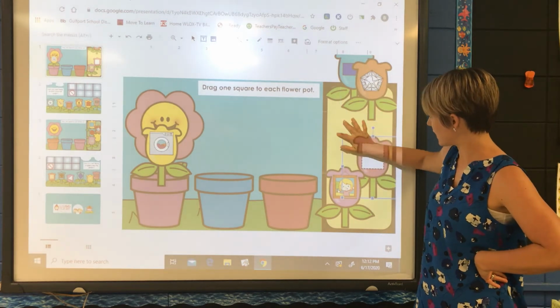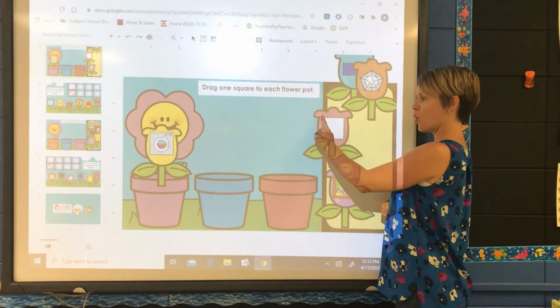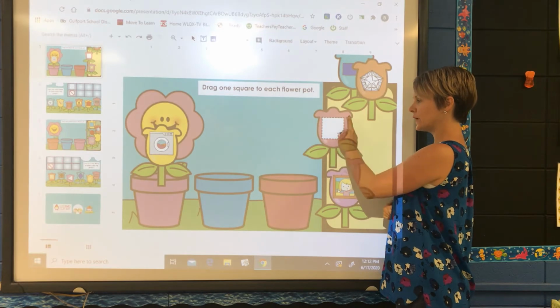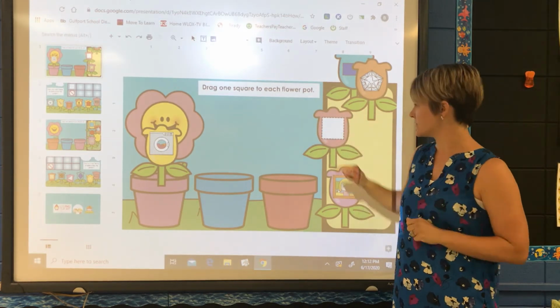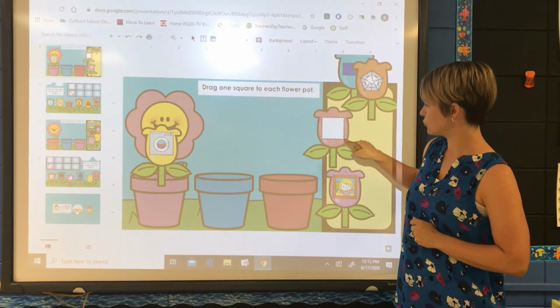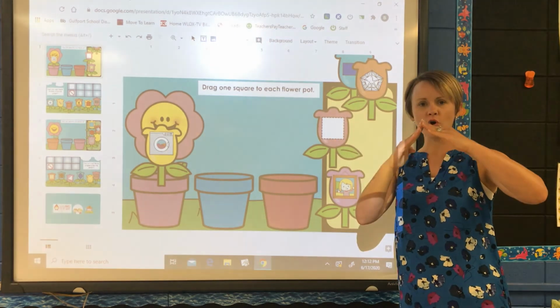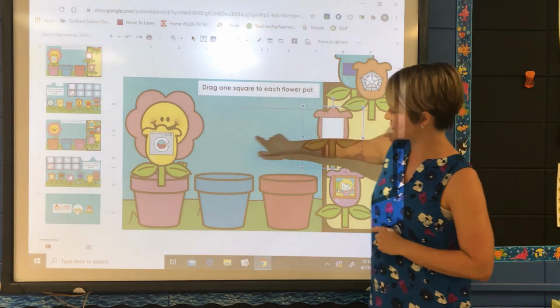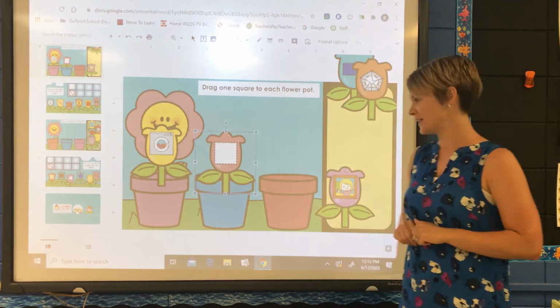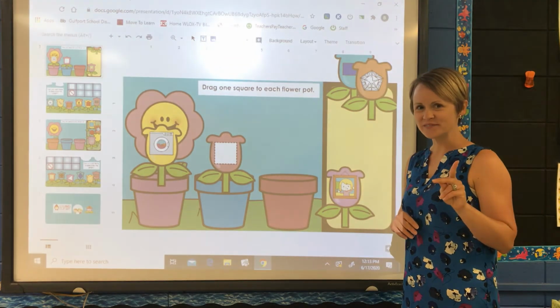Let's try this shape. It has 1, 2, 3, 4 straight sides, all the same size, and 1, 2, 3, 4 corners that all look the same. He's a great looking square for our flower pot. Last flower.